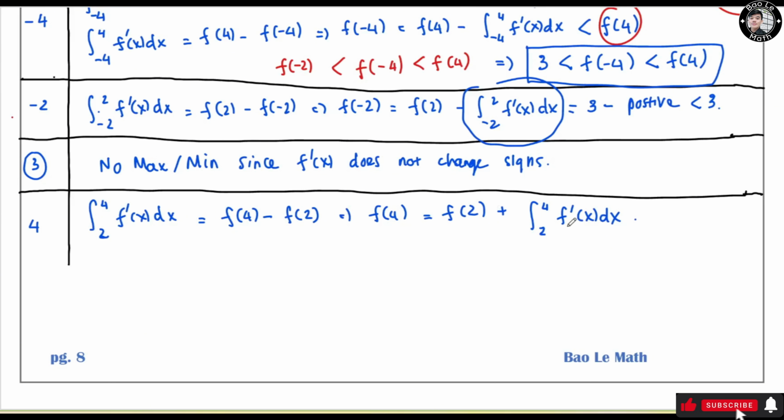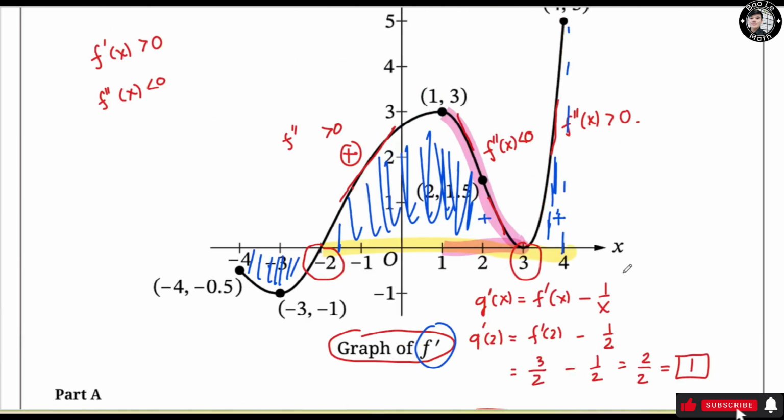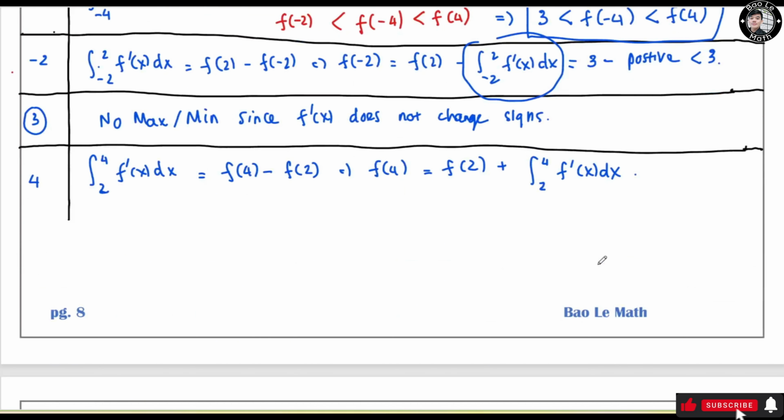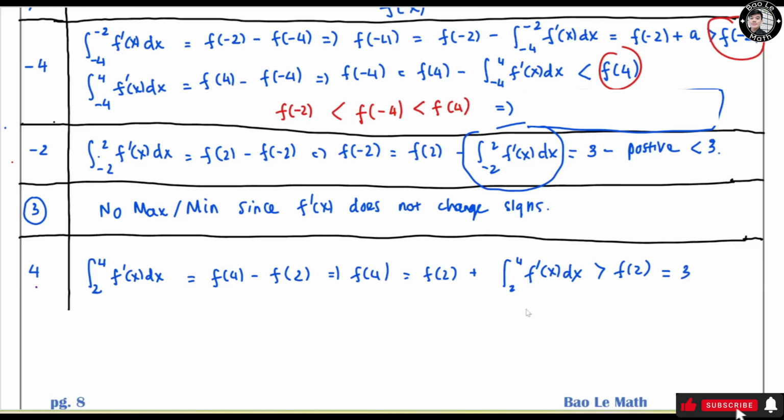Now, the integral from 2 to 4 of f prime of s ds should be above the x-axis, right here, so it's always positive. Now, f of 2 plus a positive number is always greater than f of 2. But f of 2 equals 3, so we can conclude that f of 4 is always greater than 3.